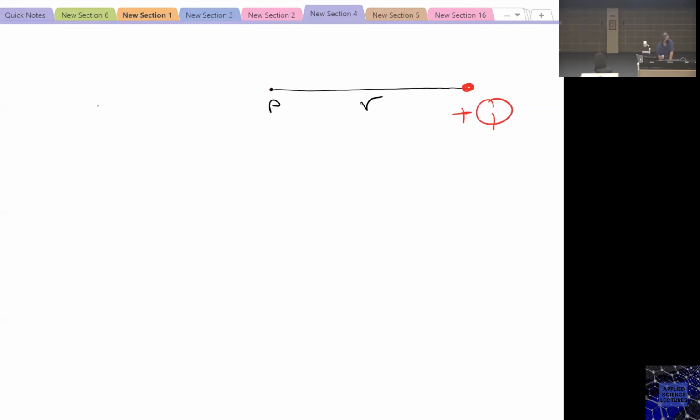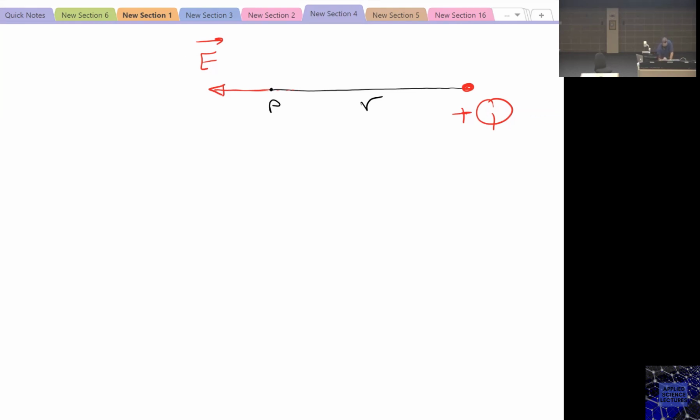Extend the line between the point of interest and the point of charge, and draw the electric field pointing away. So this is the electric field due to the capital Q because the capital Q is positive.